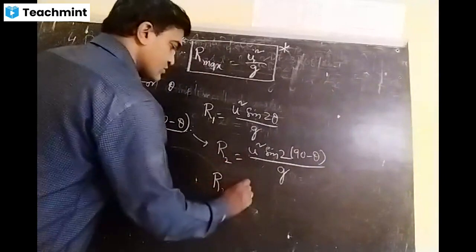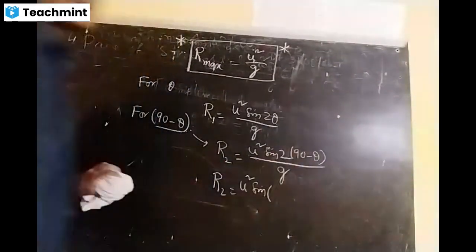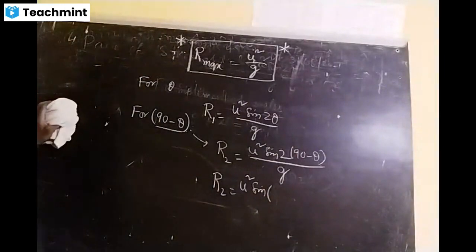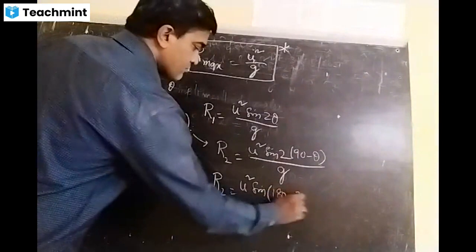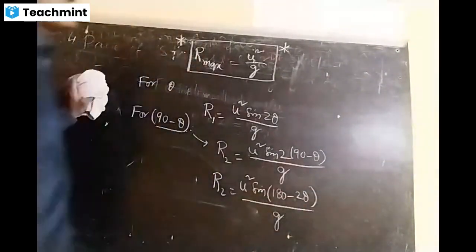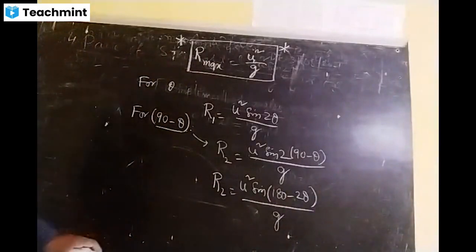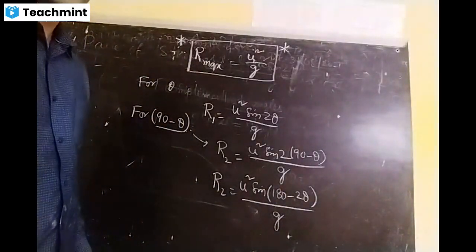R2 is equal to u square sine of 2 into 90 minus theta upon G. Simplifying, R2 is equal to u square sine of 180 minus 2 theta by G. Now, 180 minus 2 theta is in which quadrant?